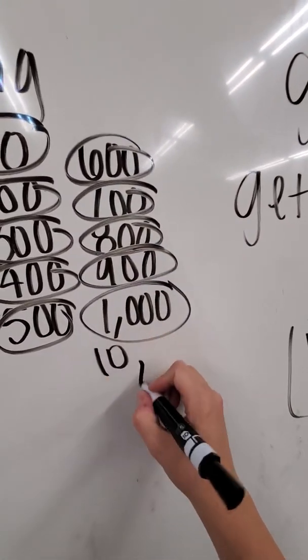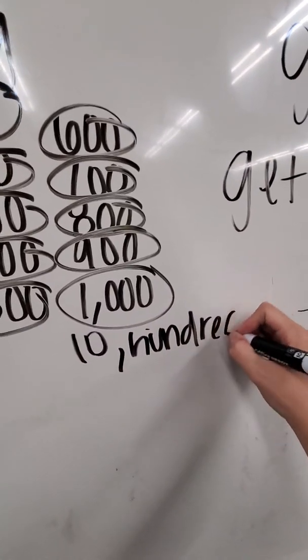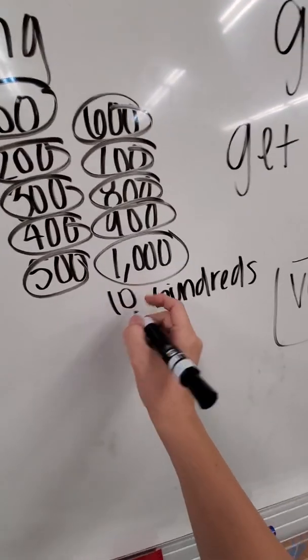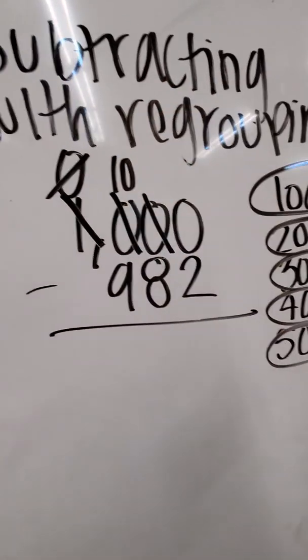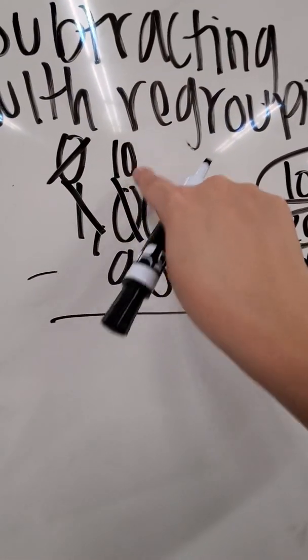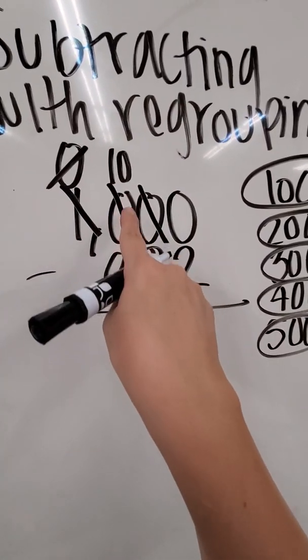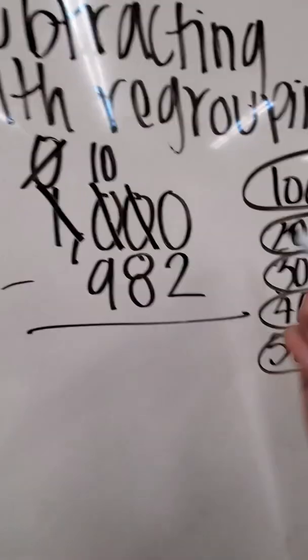I have 10 of my hundreds. So instead of writing it out like this, I'm just going to take this 10 and bring it up here. I've got 10 hundreds because it's in my hundreds column, which means I actually have 1,000. But we're just going to keep it 10 for now.